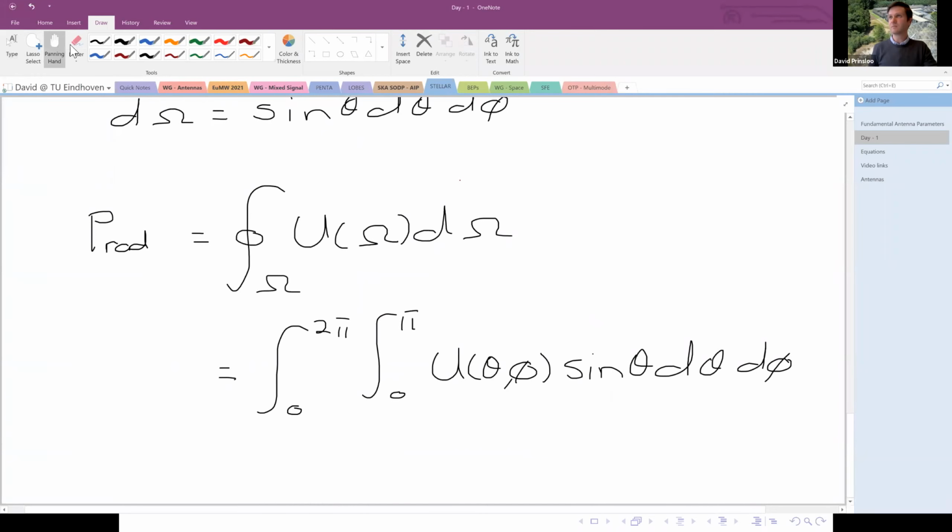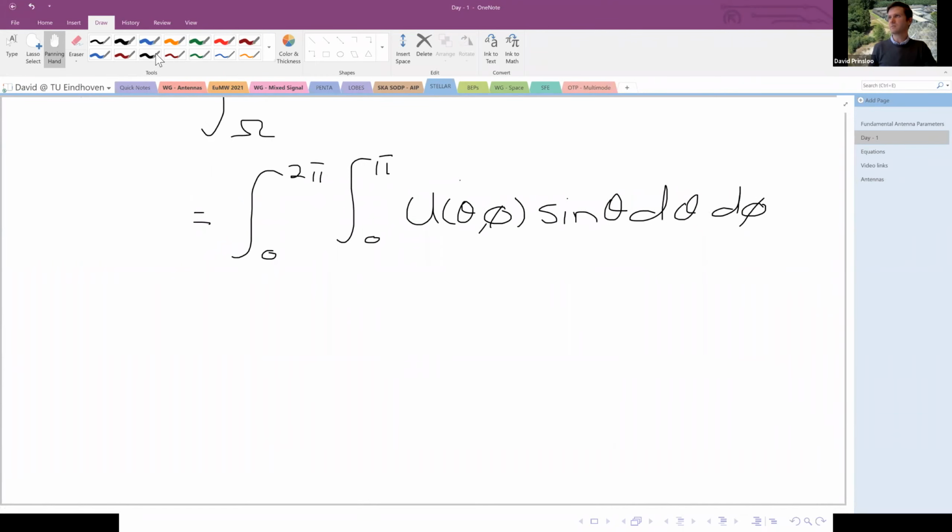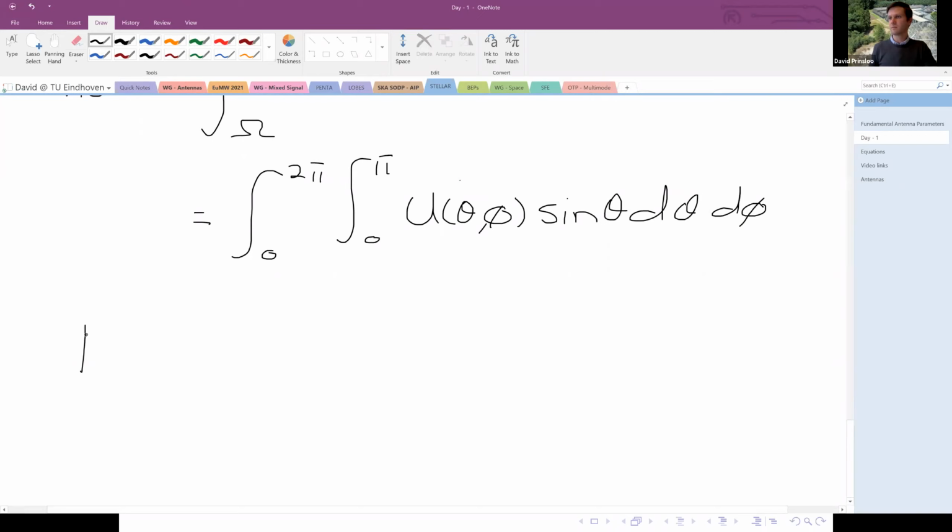So firstly, for an isotropic radiator, we know that U0 is the same for all angles. So we can take it out of the integral. And then it's just a matter of the integral of sine, which is minus cos, integrated from 0 to pi.